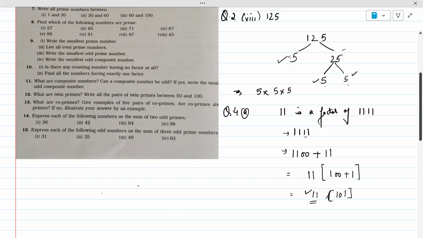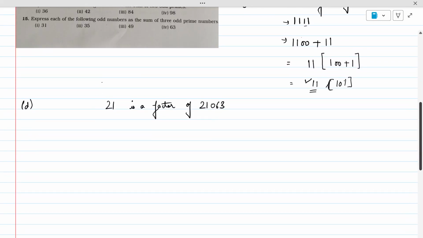Okay. Now the last question D, where we have to show that 21 is a factor of 21063. So how are we going to do this? Again, we are going to split this number. We can write 21063 as 21,000 plus 63.